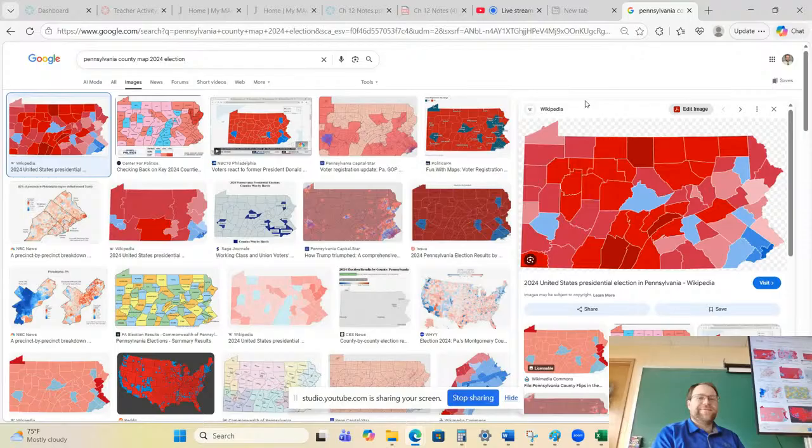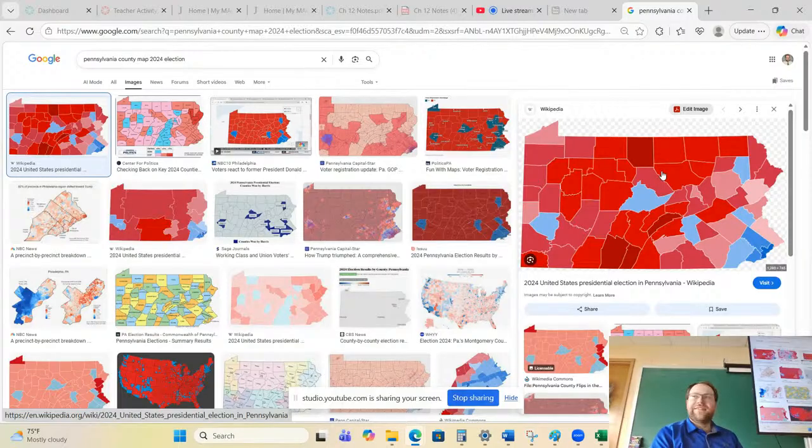So dark blue would be left leaning. Left would be blue, right would be red. The more faded the color is, the more center it is, and that's where a lot of the swings happen.